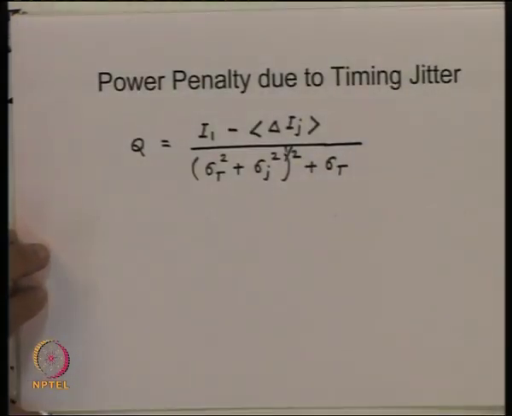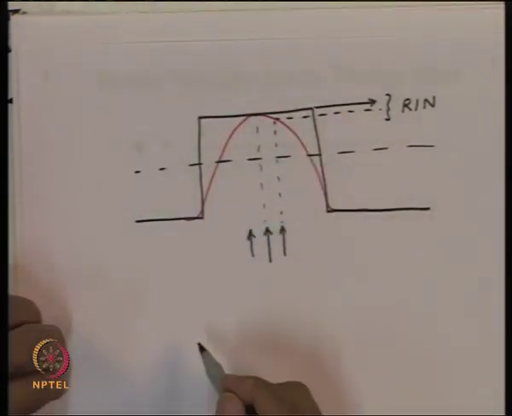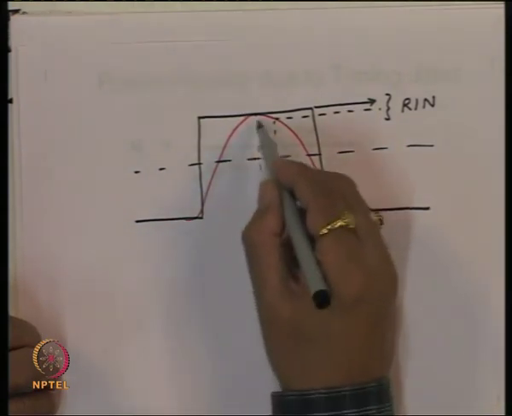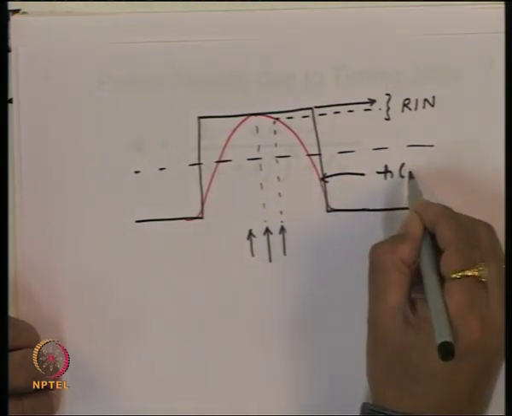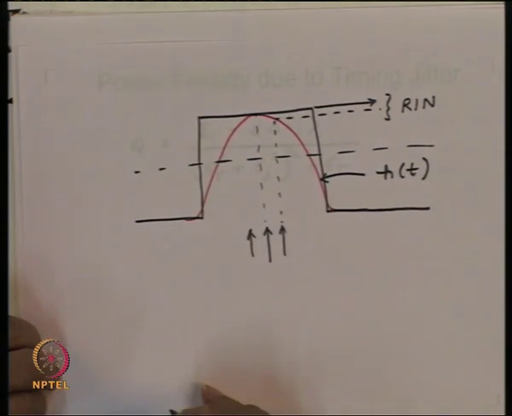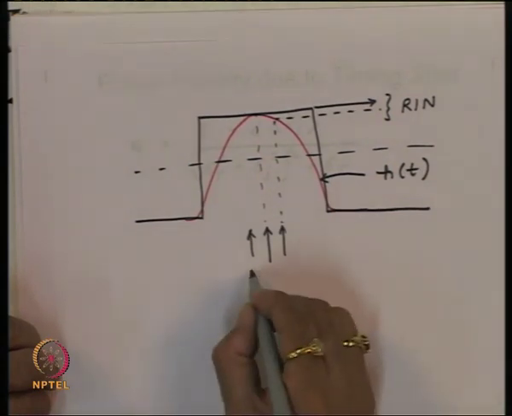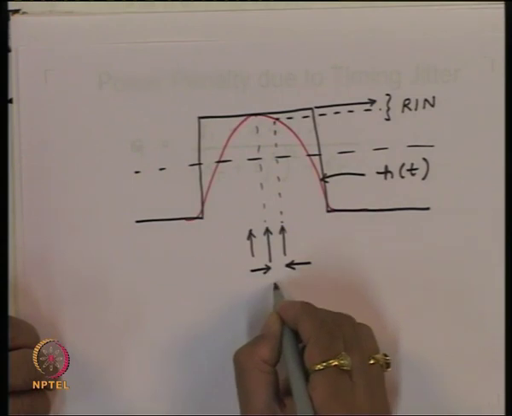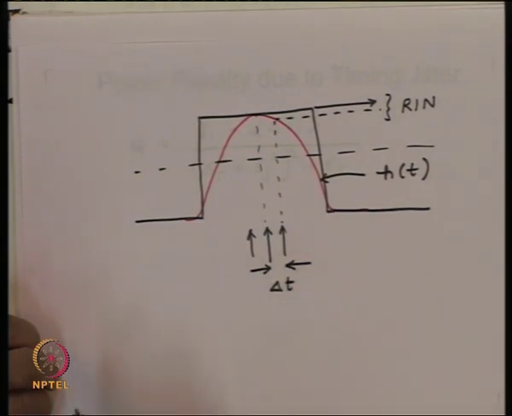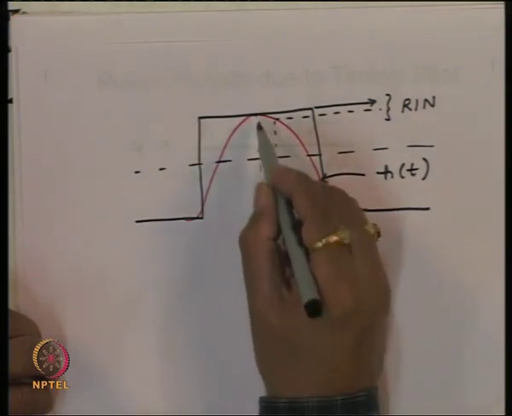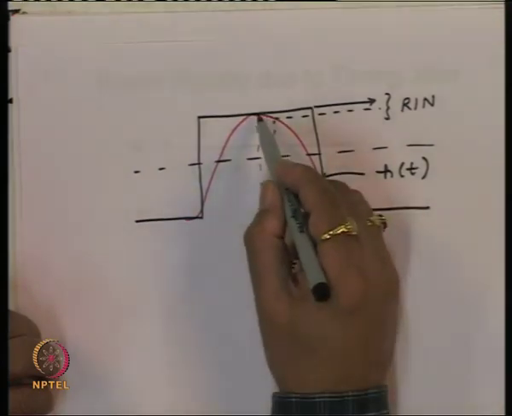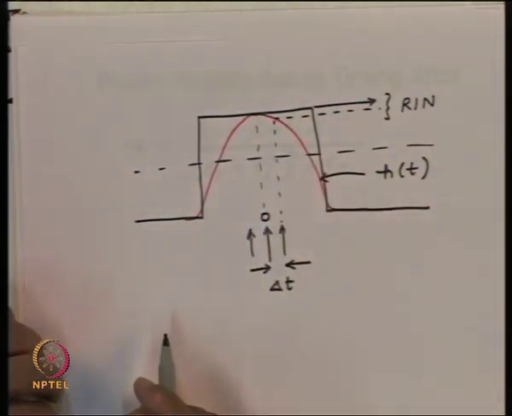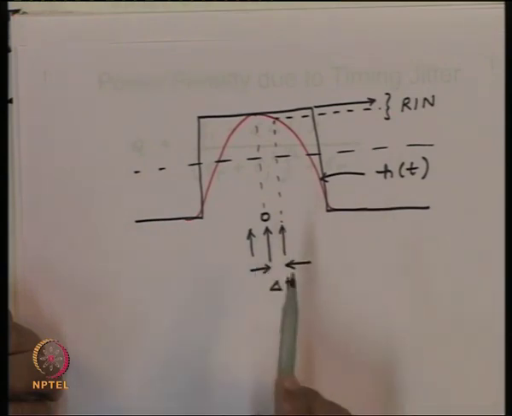So, let us say this function is given by h of t, and the fluctuation in sampling is given by delta t. Let us say the peak corresponds to time 0. I measure at the peak, this is the best sampling time, and because of the jitter I can sample on either side, and the time deviation could be delta t.